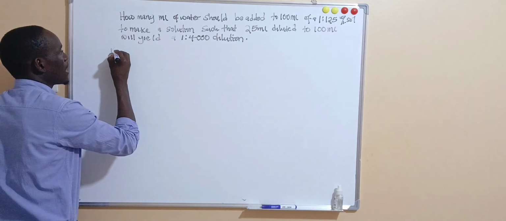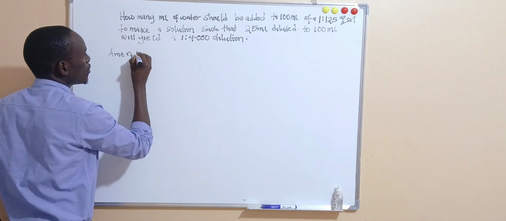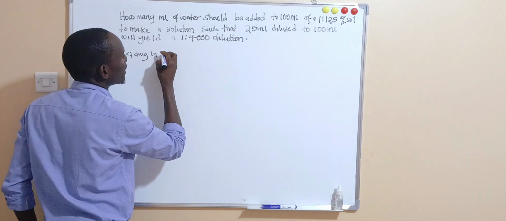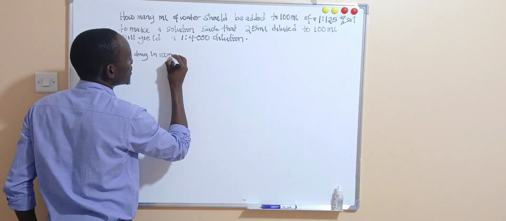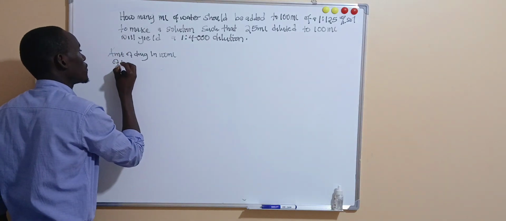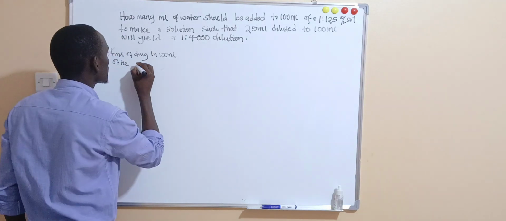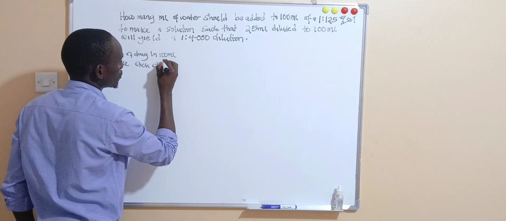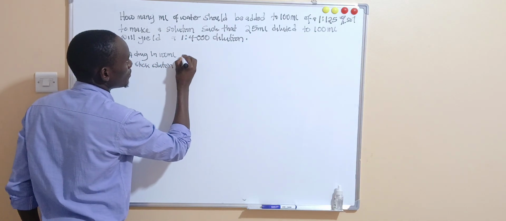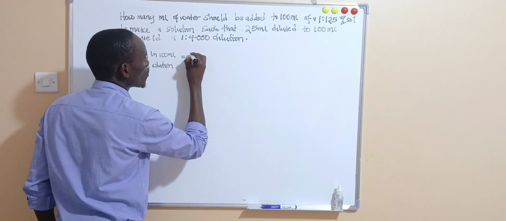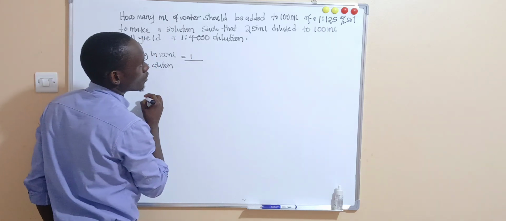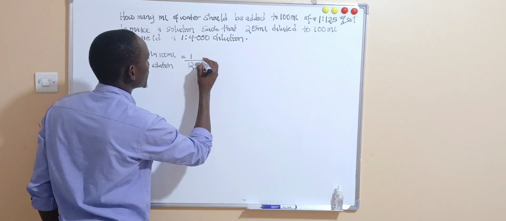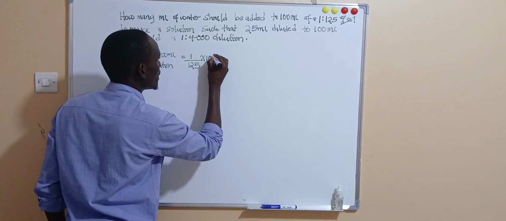So, amount of drug in 100 mils of the stock solution will be equal to 1 out of 125 times 100.